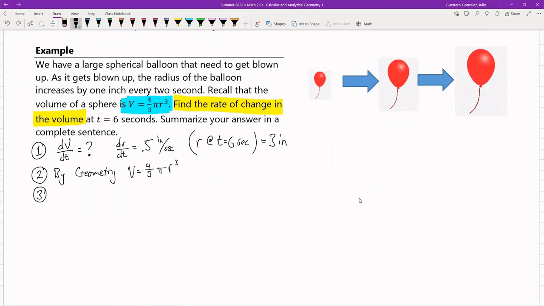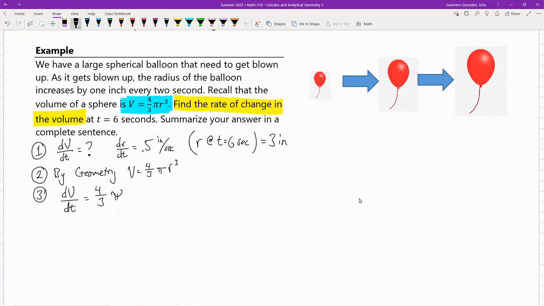That means dV over dt is equal to 4/3 pi. 4/3 and pi are good old numbers, so they get to just come along for the ride.